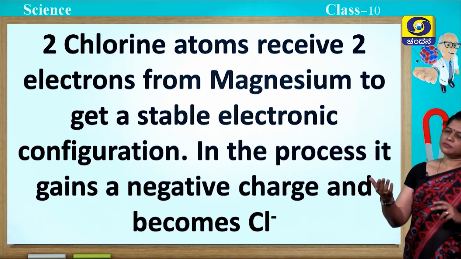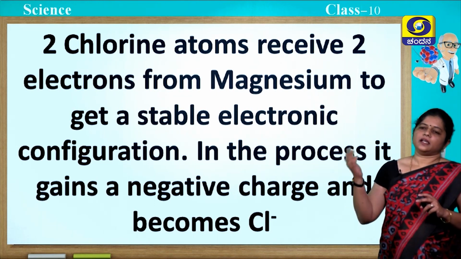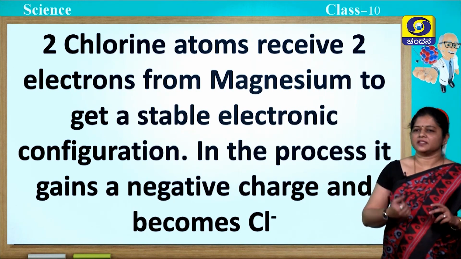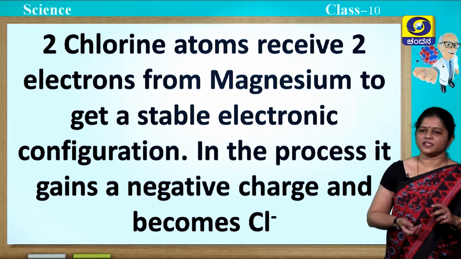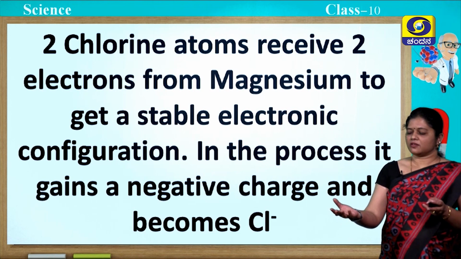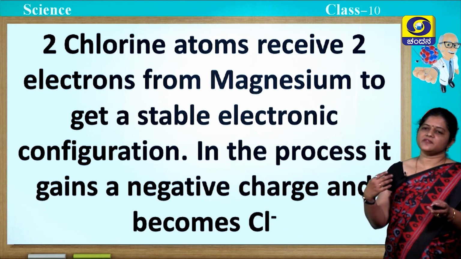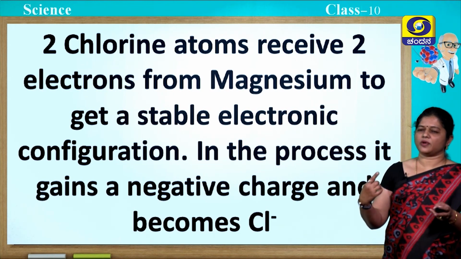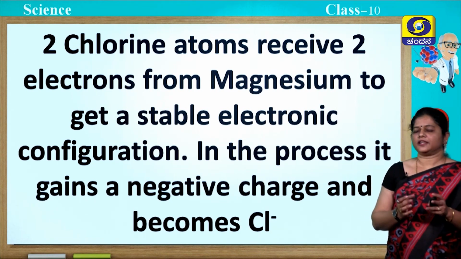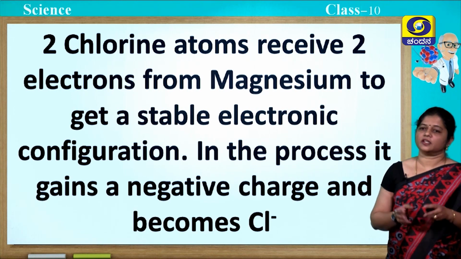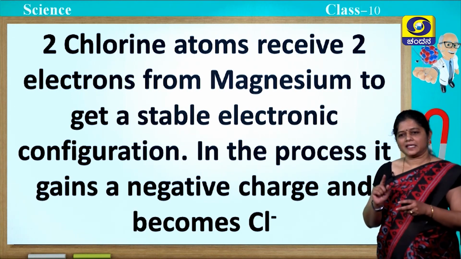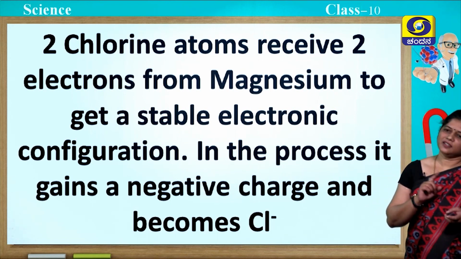One chlorine atom receives 1 electron and another chlorine atom receives the other electron transferred by the magnesium. Thereby magnesium transfers 2 electrons and 2 chlorine atoms receive 1 electron each, and they get a stable electronic octet configuration. In the process, each chlorine atom gains a negative charge and becomes Cl minus.